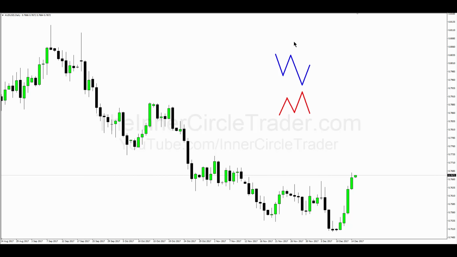Okay, so I have a crude diagram up here, and this is going to help me illustrate what makes an SMT divergence. For the sake of this specific bullish scenario, we're going to refer to the blue line up here as the Aussie dollar, and the red line as the dollar index.